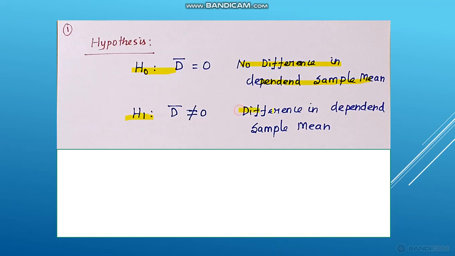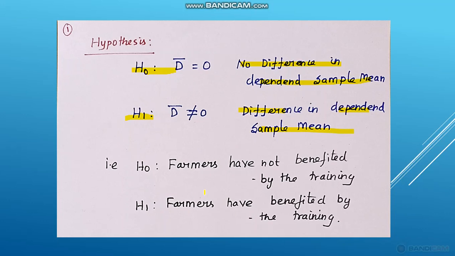The null hypothesis is that the farmers have not benefited by the training, and the alternate hypothesis is that the farmers have benefited by training.